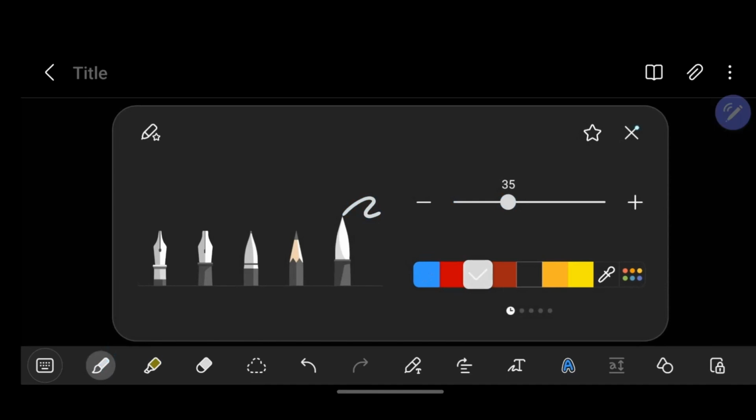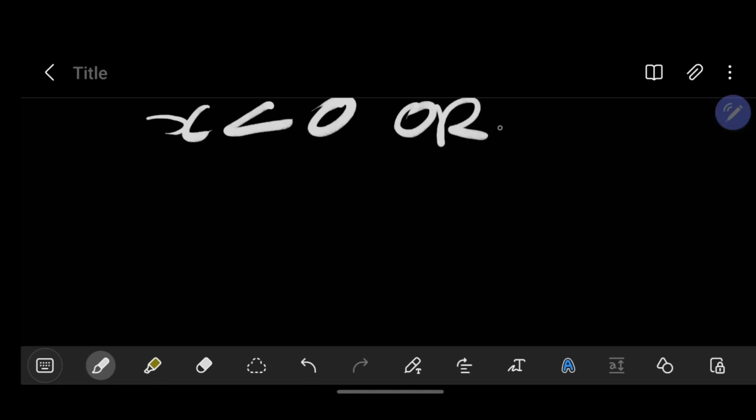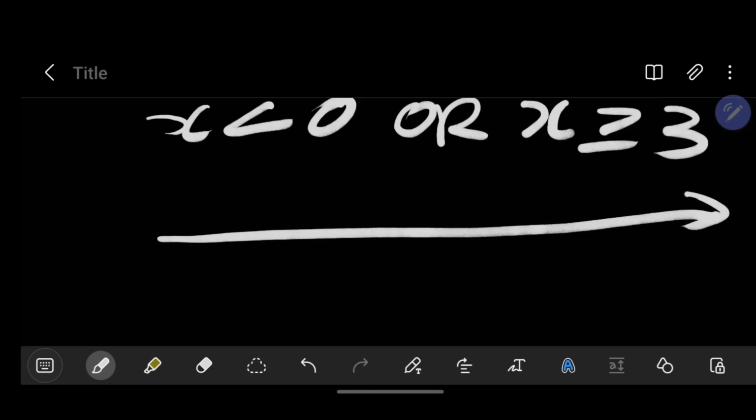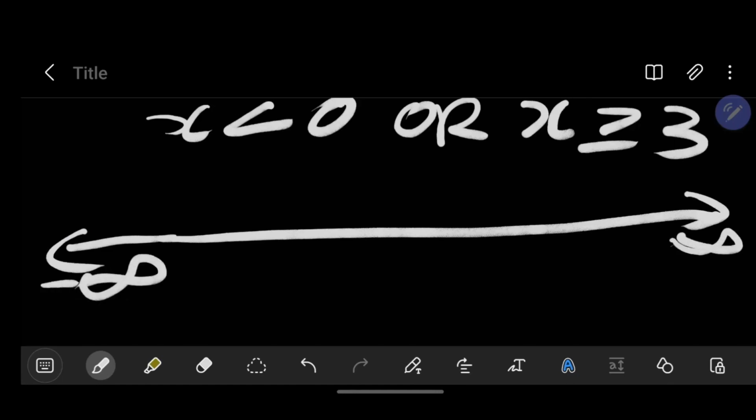Let's use the example of x is less than 0 or x is greater than or equal to 3. This one is quite interesting. If we draw this on the number line, we would have negative infinity, infinity, we would have 0, and we would have 3.